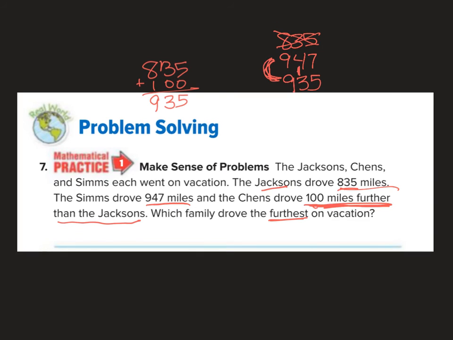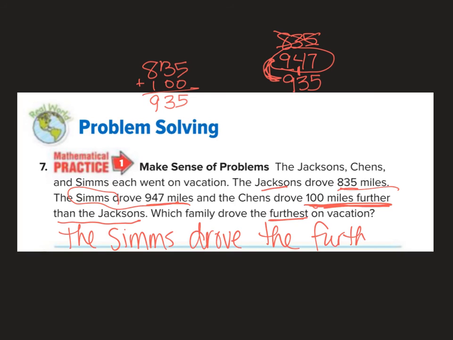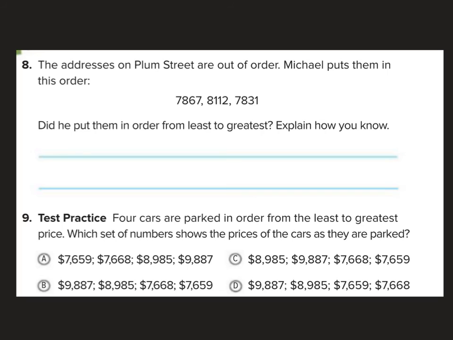Let's look at the tens. Is 4 bigger or 3 bigger? 4 is bigger. So 947 drove the farthest, which is the Sims. Drove the furthest. There we go. And let's do these ones.